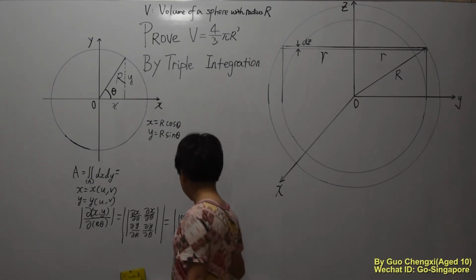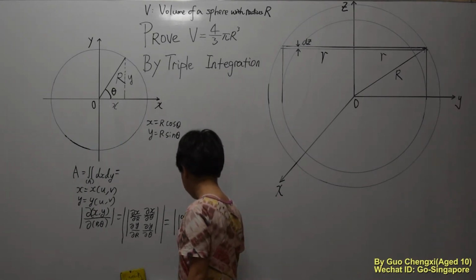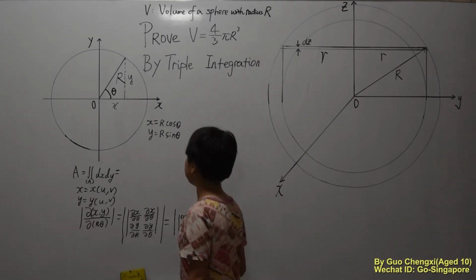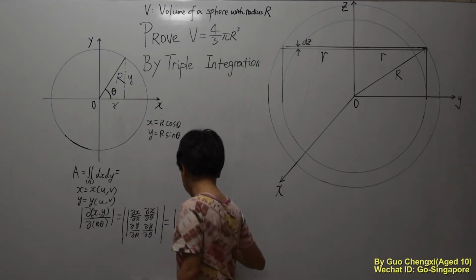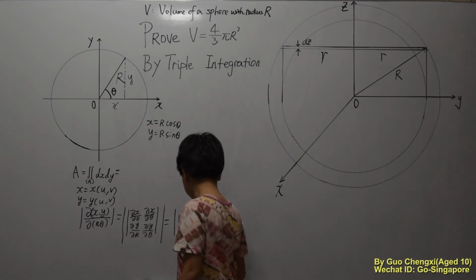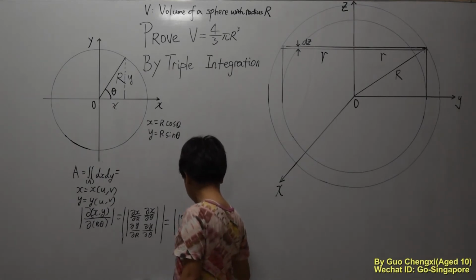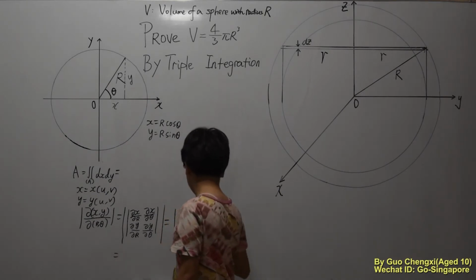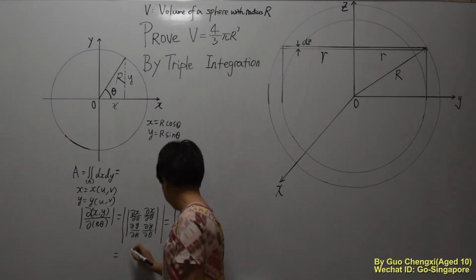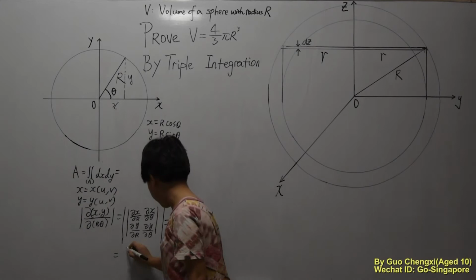Then after that, over here, it will be sine theta. Then after that, r cosine theta. And then what will this equal to? So this part minus this part.